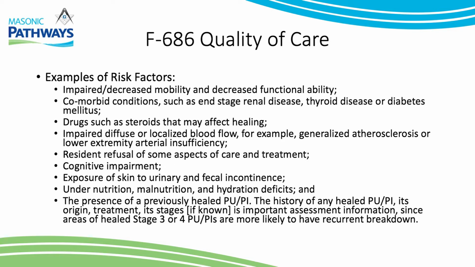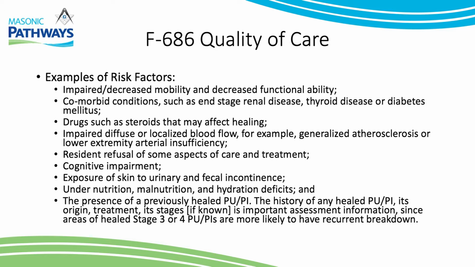Examples of risk factors include impaired or decreased mobility and decreased functional ability, comorbid conditions such as end-stage renal disease, thyroid disease, diabetes, medications such as steroids that can affect wound healing, impaired blood flow, so atherosclerosis or arterial insufficiency, resident refusal of some aspects of care and treatment, cognitive impairment, exposure of skin to urinary and fecal incontinence, undernutrition, malnutrition, and hydration deficits, and the presence of previously healed pressure areas.